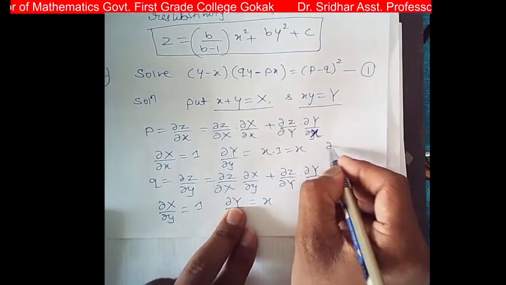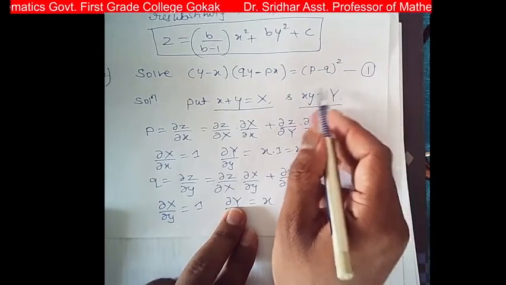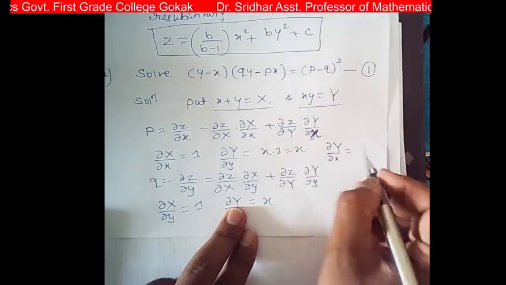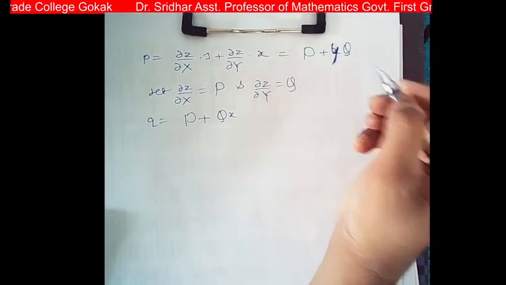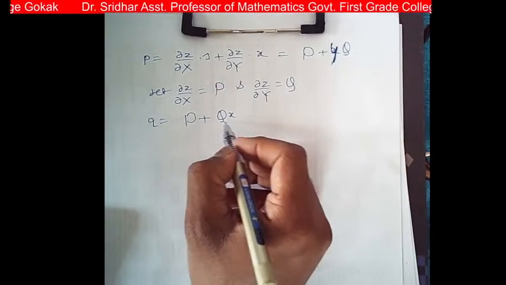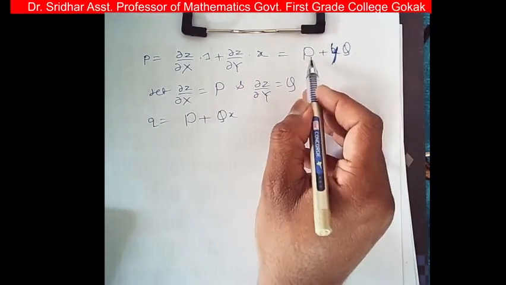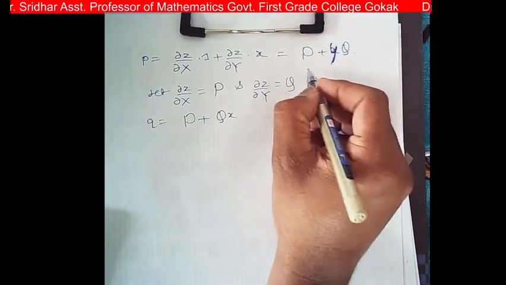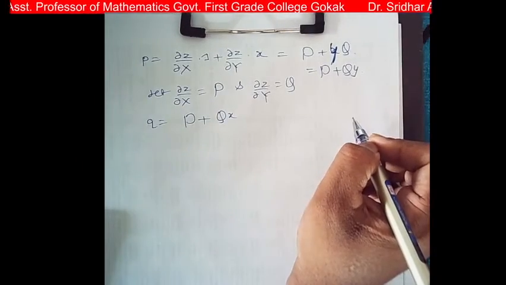What is ∂Y/∂x? It means differentiate this with respect to small x, so it is y only. So this becomes y. Right? So this is q is equal to P plus Qx. This is correct, and this small p is equal to P plus Q into y. So that is P plus Q into y.